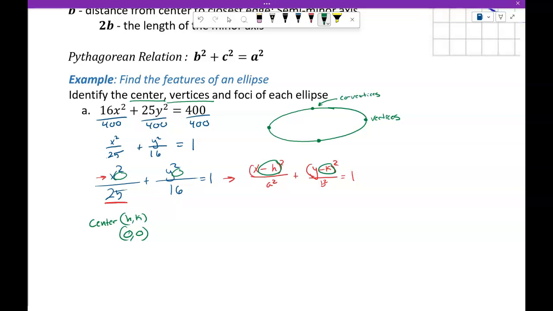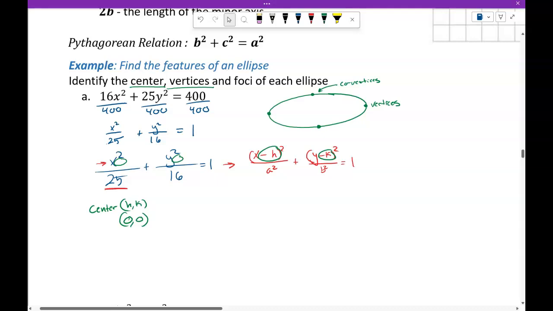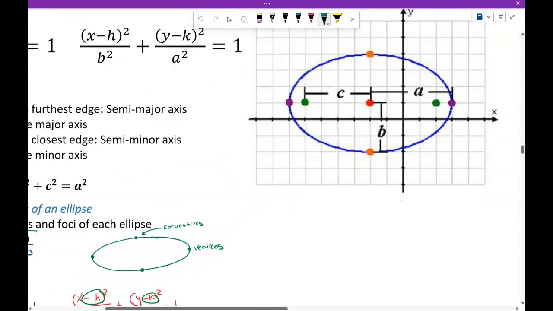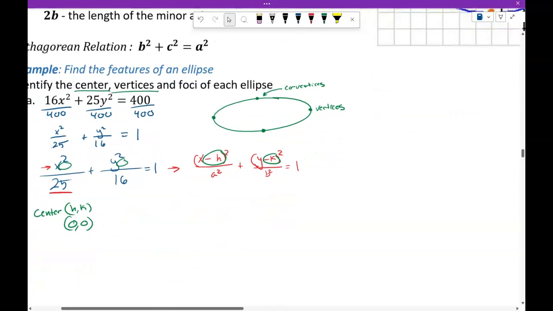Sometimes they just refer to all of them as vertices. It just depends. So we're just going to find all of the vertices. So we go back to our diagram and see that our vertices are the distance from center using the a value, and our co-vertices are the distance from center using the b value. And so we need to find a and b.